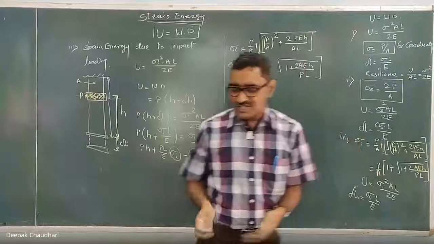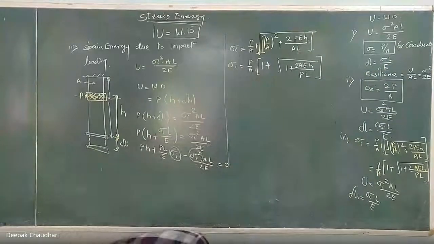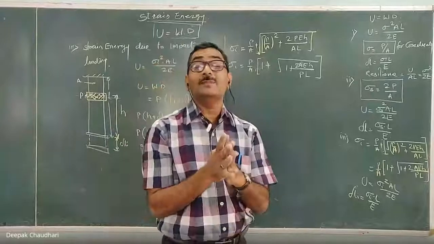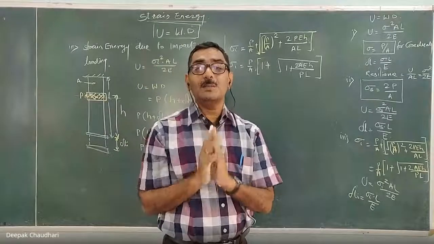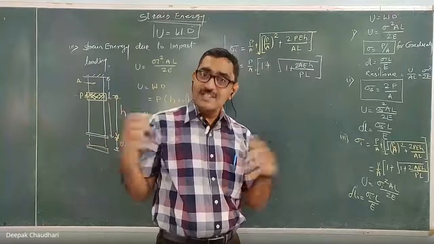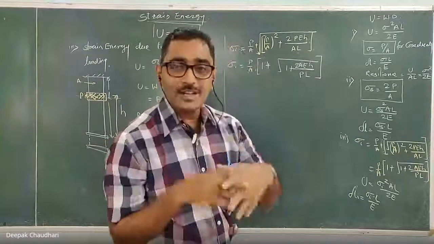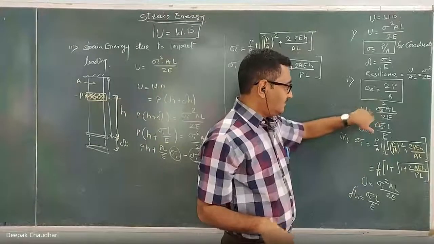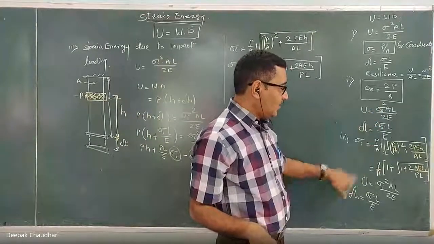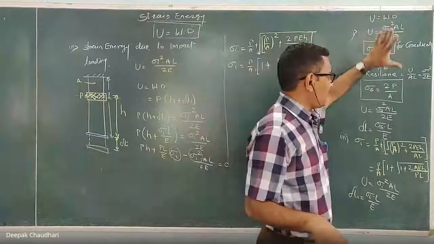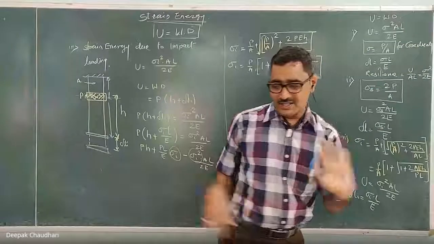Now in strain energy, I suggest if it is asked to calculate the deformation because of the impact loading or the suddenly applied load, don't use the formula PL upon E, even though it is an axial load. Instead, corresponding to the given load, first calculate the stress and use that stress to calculate the deformation as well as the strain energy. Only this basic formula you have to remember. Here, only the formula of the stresses will change.